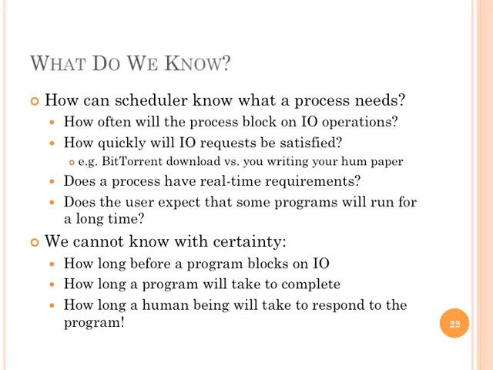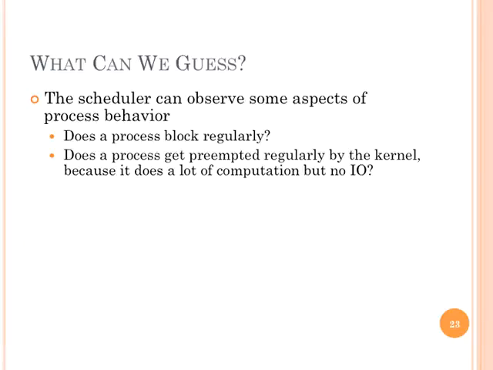So anyway, we can't know these things with certainty in the future: how long a program will take to block on I/O or how long it'll take to complete. But interestingly, we can make observations and make predictions about some of these things. So we use past behavior to predict future behavior, and it works pretty well. Does a process block regularly, or does it get preempted regularly by the kernel?